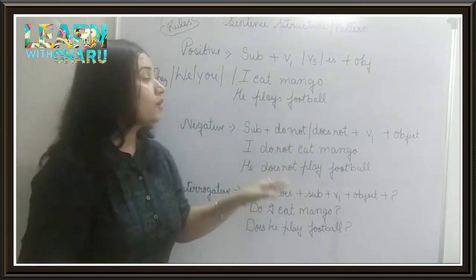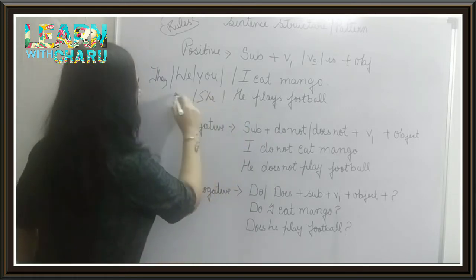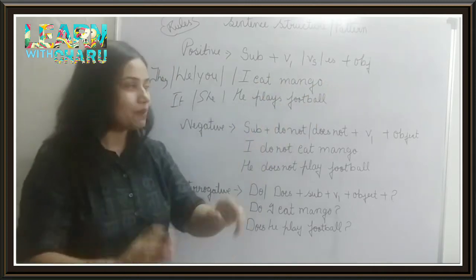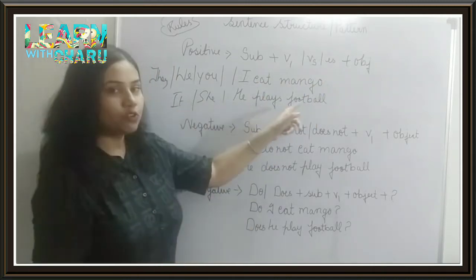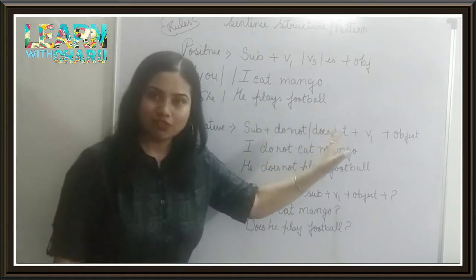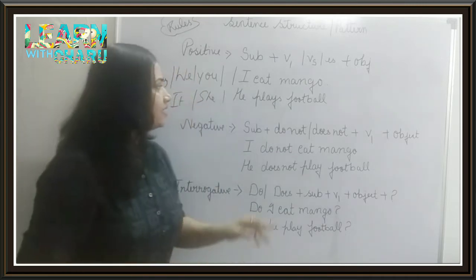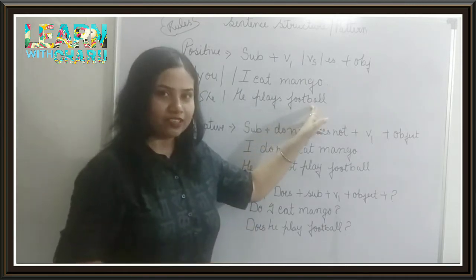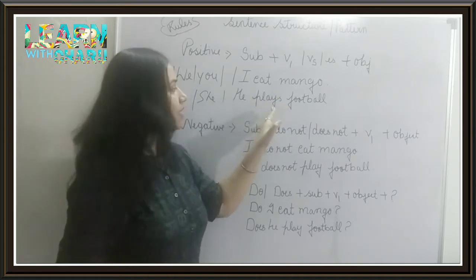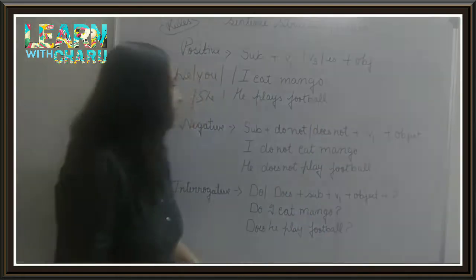It means what? With he, she and it, what do we use? S or es. For example, it plays football, she plays football, he plays football. Do you understand this? Isn't it very simple, right? And here football is object. He is subject, plays is verb, and football is an object, right?